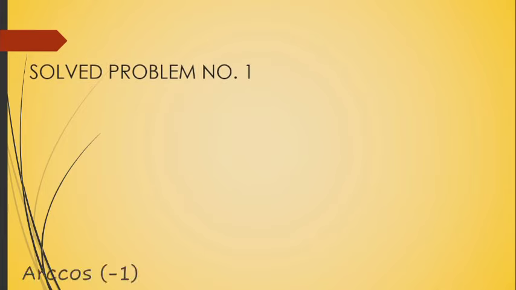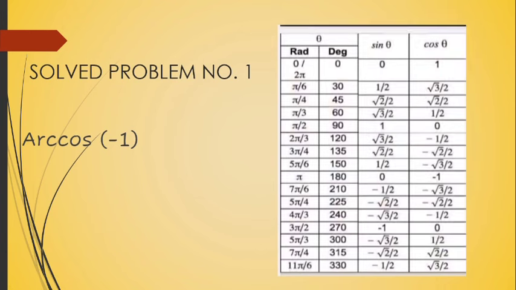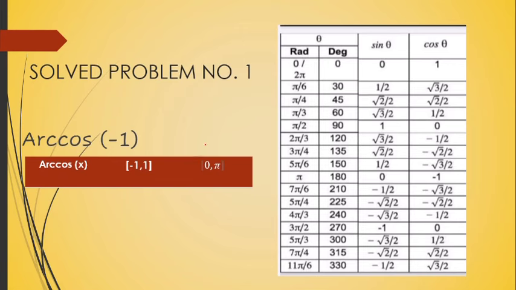Now, solve problem number 1: arc cosine of -1. We are going to find that. So cosine first. This is the range, and we look for the domain, from -1 to 1.